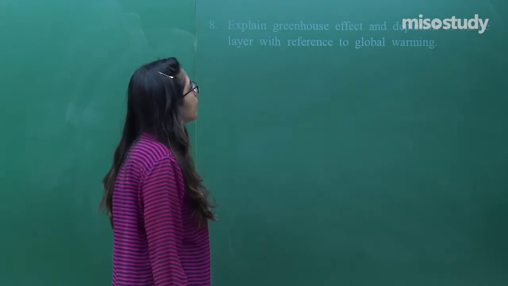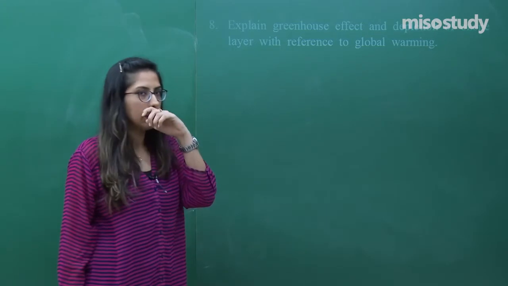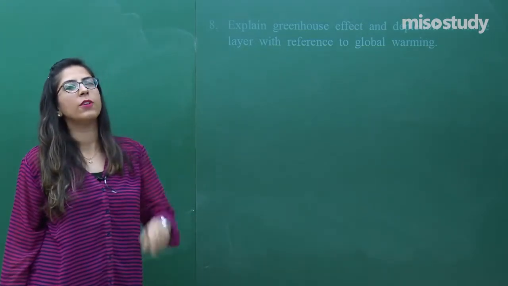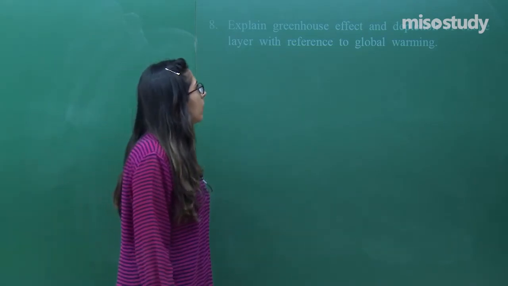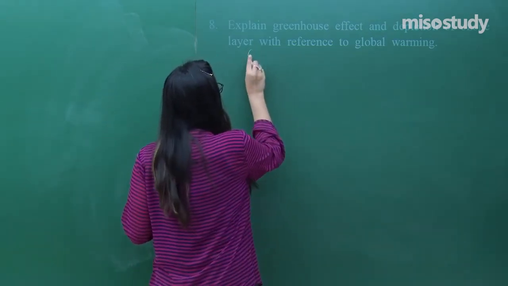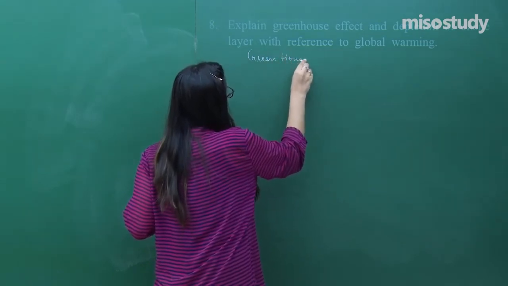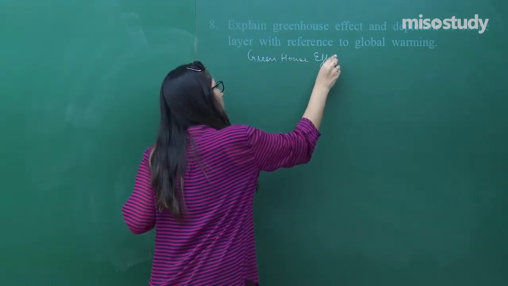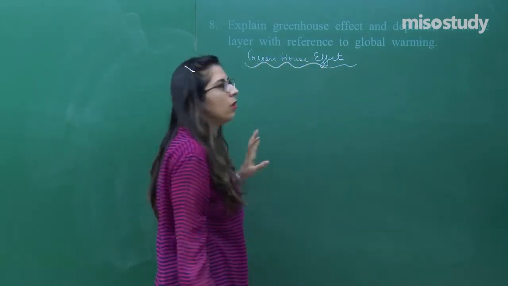Explain greenhouse effect and depletion of ozone layer with reference to global warming. Till now we have learnt about CFC and its relationship with ozone also. We have to first explain the greenhouse effect. Greenhouse effect is a normal effect which has to happen on earth.